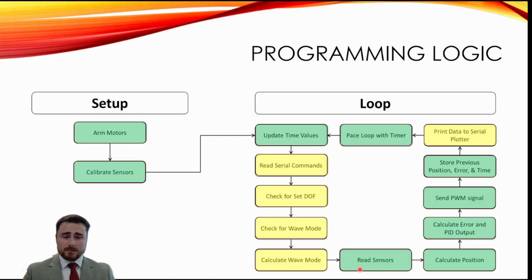Then one of the important steps is that it reads the sensors so that it can actually determine the feedback of the depth or the roll, and then calculate how far off it is from the goal, determine the PID response, and finally send the motor signal. It stores all the previous data, because the previous data is needed for both the integral and the derivative terms. And then it also plots data so that I can read it and determine how it's working.